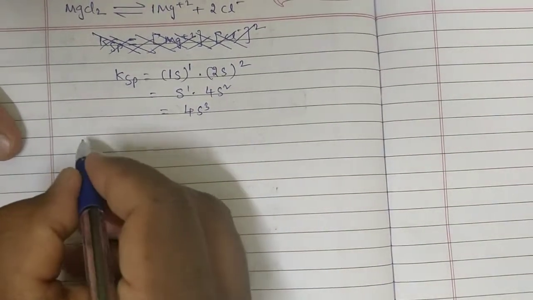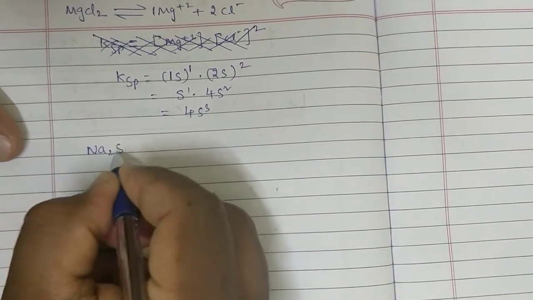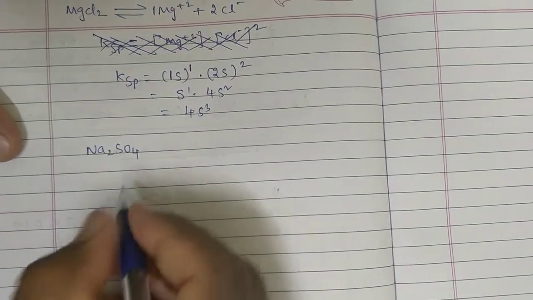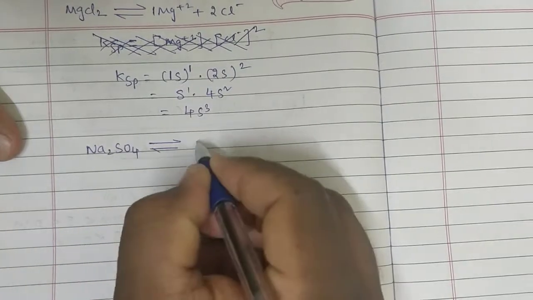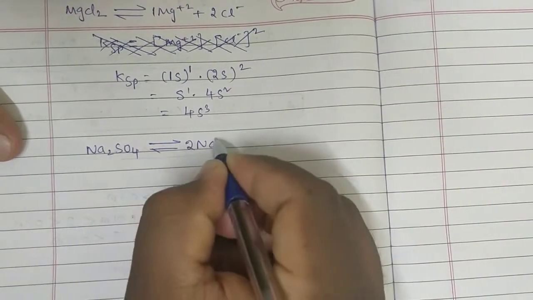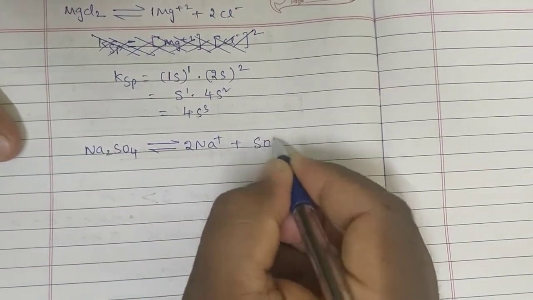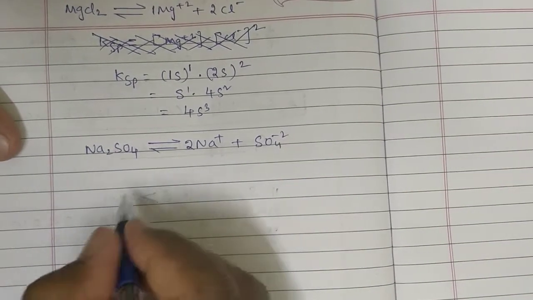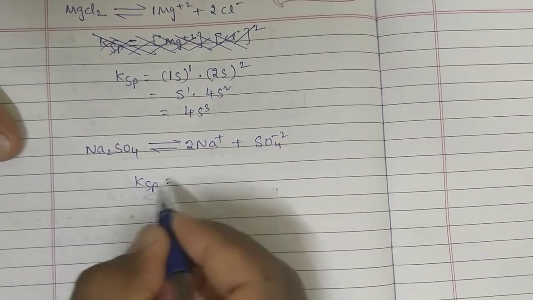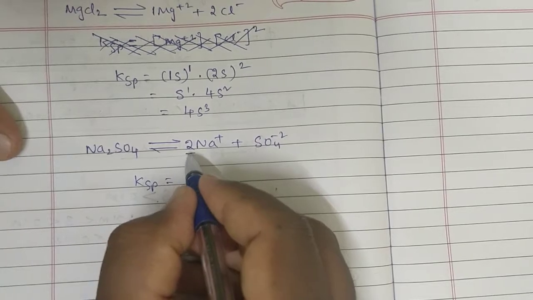One more example: Na2SO4. You will get 2Na plus and SO4 minus 2. KSP is equal to: what is the coefficient here? 2.